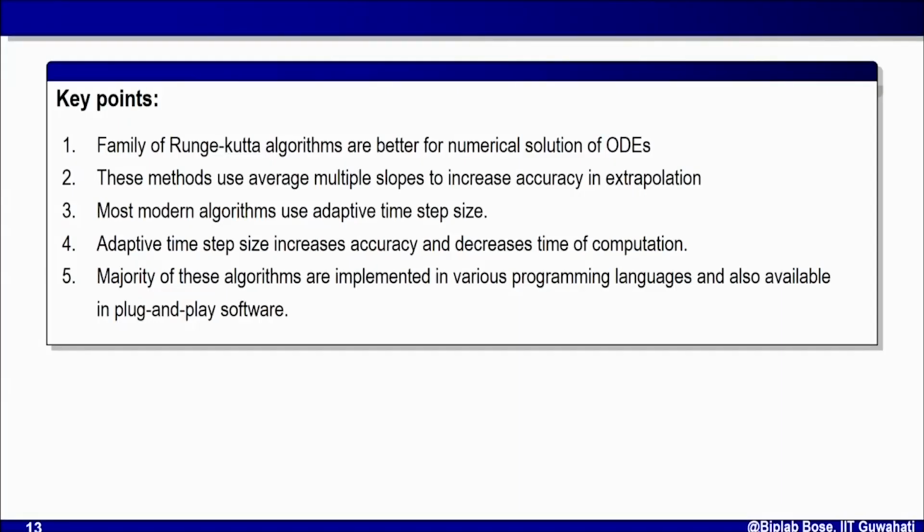So let us jot down the key points that we have learned in this module. We have discussed the basic features of the fourth order Runge-Kutta method. Remember, there is an exhaustive mathematical explanation and derivation for this algorithm. We have avoided that. We have tried to understand it intuitively and graphically. And also remember, this is not the only Runge-Kutta algorithm available.